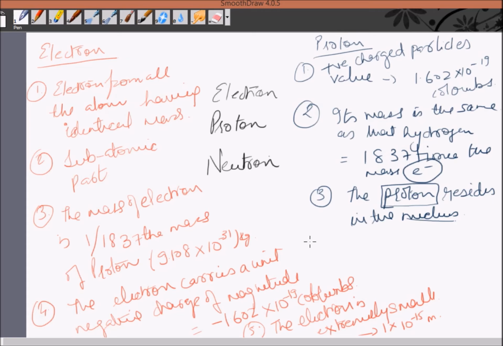right? Now let's come to the neutron. Neutrons are neutral in charge. They don't carry any kind of charge, either positive or negative.